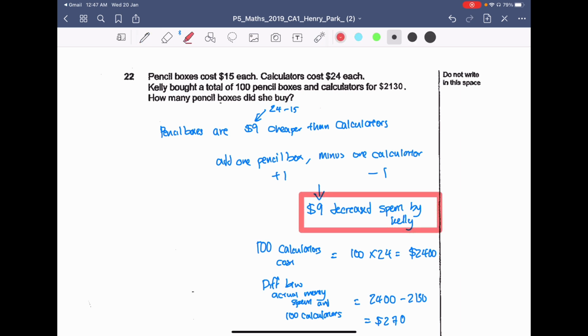So like we said earlier on, for every pencil box increase, there will be a decrease of one calculator, and this results in a $9 decrease in spending. So right now we know that we have to decrease the amount by $270. So how many $9 must we decrease so that we can decrease the total by 270?